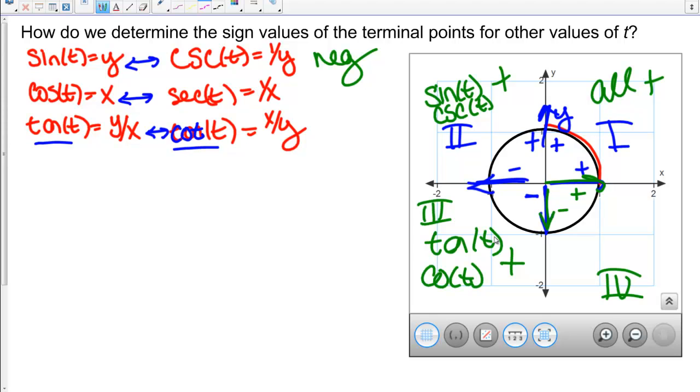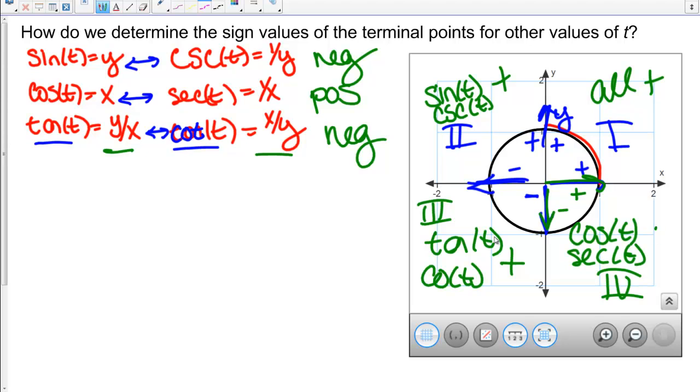My cosine and my secant only involve x, so they're going to be positive. And then a negative over positive and positive over negative gives me negative. So in the fourth quadrant, we have cosine of t and secant of t are positive.